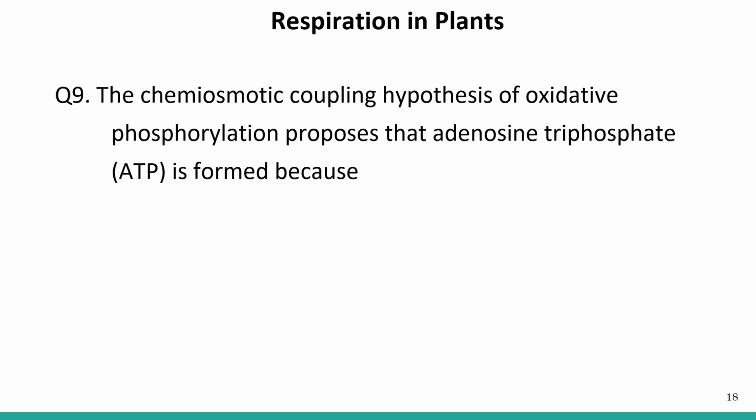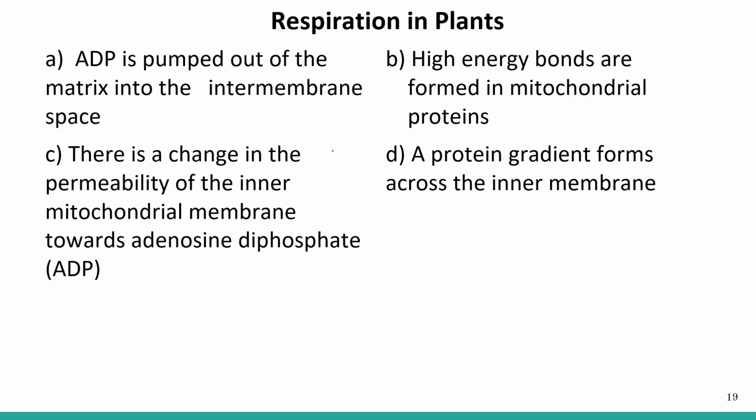Now coming to the next question: the chemiosmotic coupling hypothesis of oxidative phosphorylation proposes that ATP, adenosine triphosphate, is formed because of one of these options. ADP is pumped out of the matrix into the intermembrane space. This is not true, because protons are pumped out into the intermembrane space.